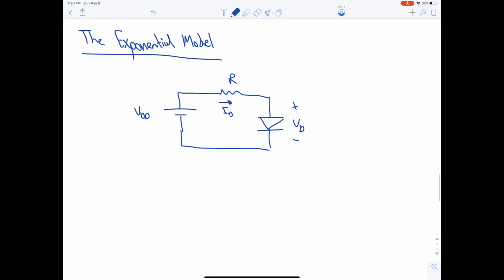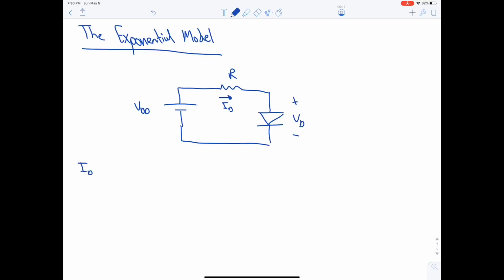In order to find ID, it will be Ohm's law, VDD minus VD divided by the resistance. But if we were asked to find the voltage drop across the diode, then there are two ways.